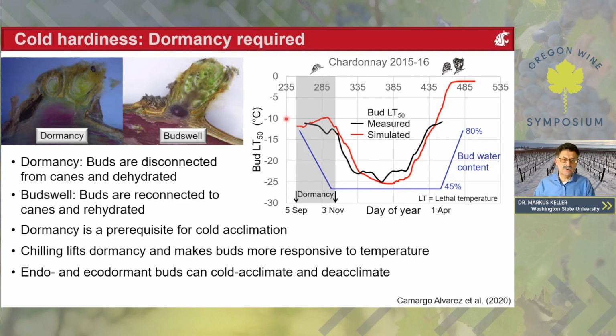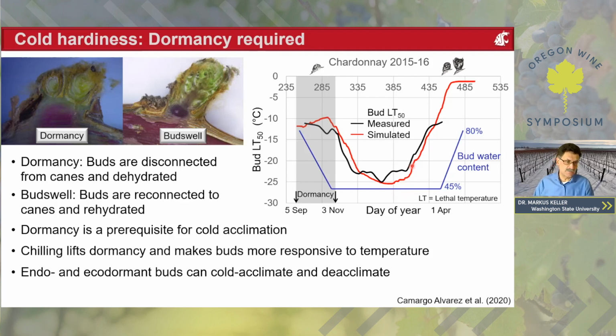You can see that during dormancy, there's not very much happening. The bud sits there. Maybe it acclimates a little bit, but once dormancy is lifted, the bud suddenly becomes much more responsive to temperature, both up and down. As it cools down, it gets colder in the winter, the bud is able to acclimate. It hardens off. It gains maximum cold hardiness.